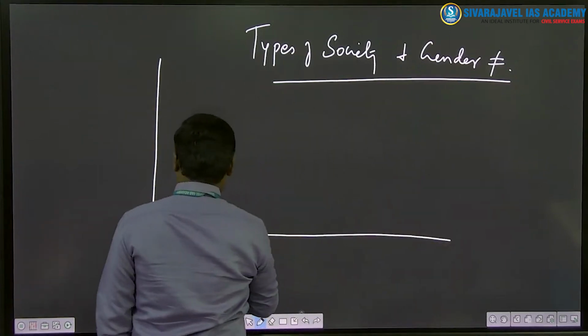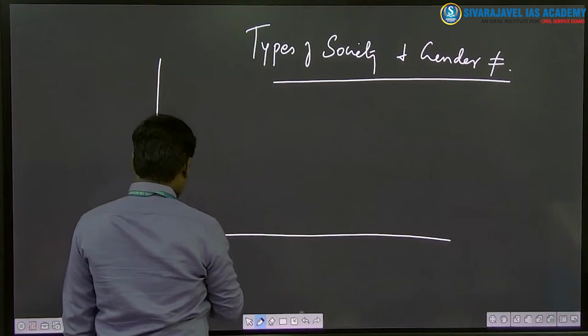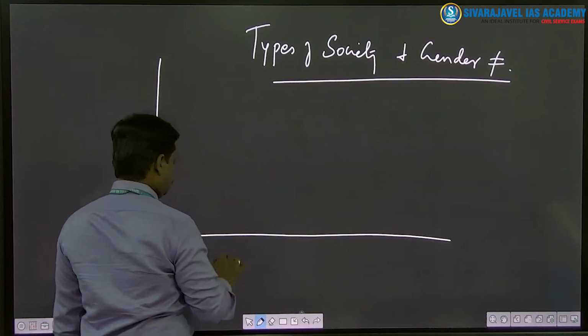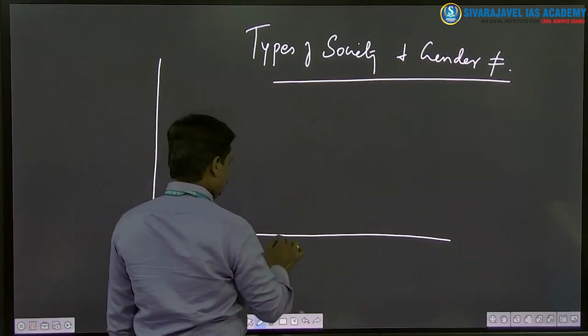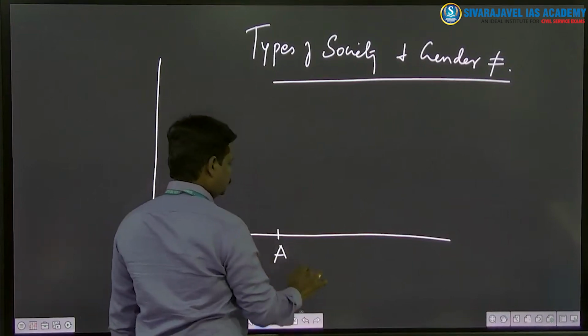This is hunting and gathering society. This is pastoral society. This is agricultural society.